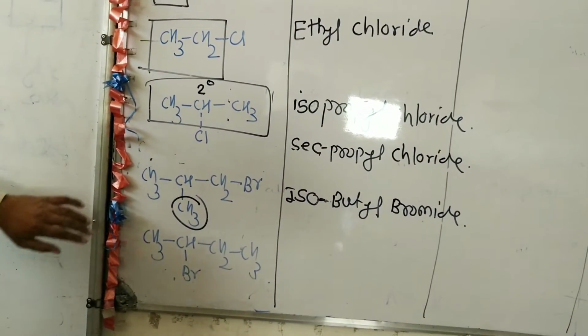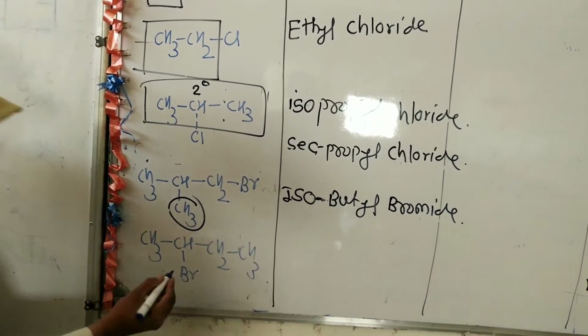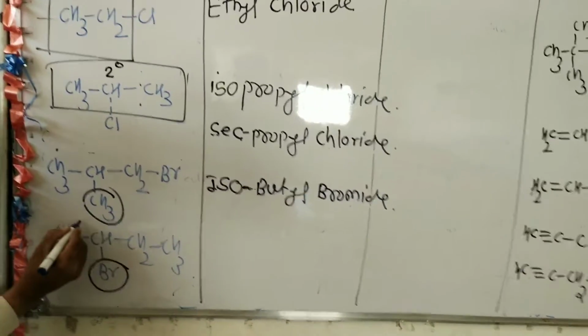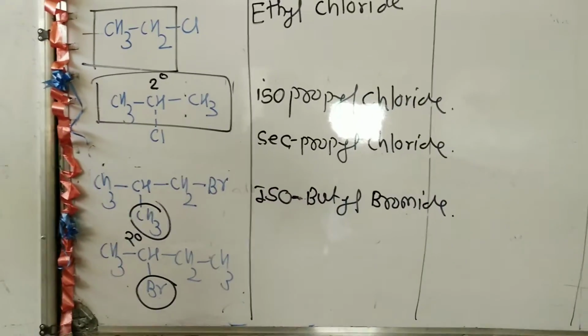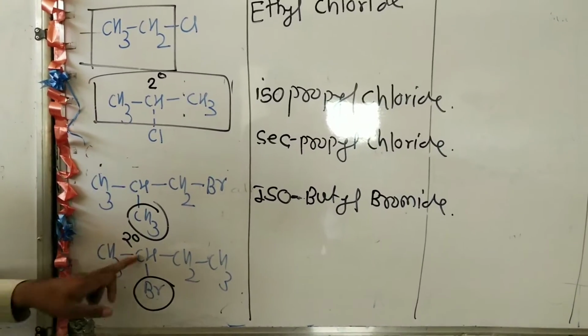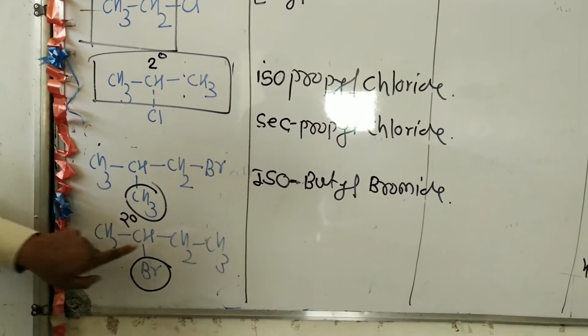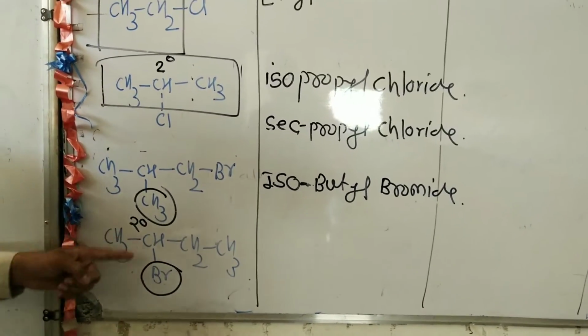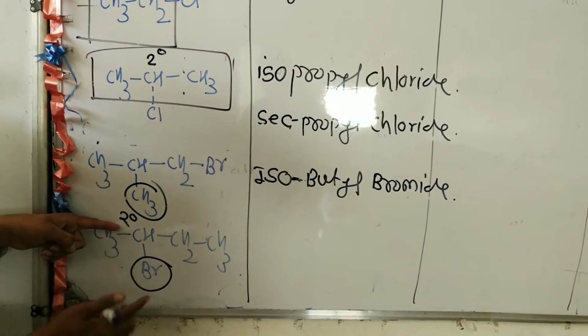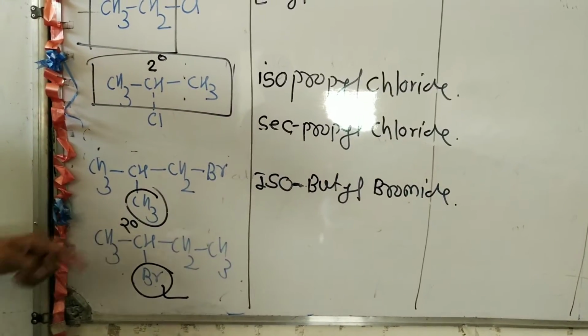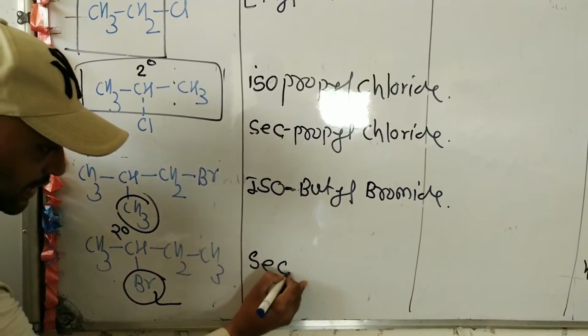Next example, look at here, our bromine is attached to a secondary carbon. This carbon has two different carbons attached to it, so it is a secondary carbon, and to the secondary carbon our bromine is attached. That's why it is called secondary.